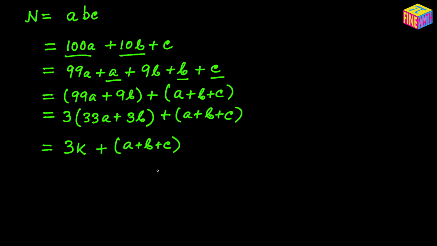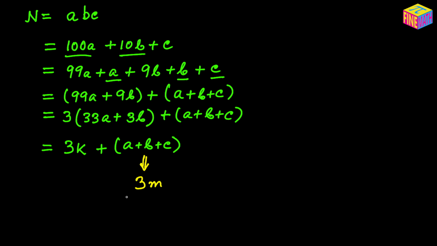Now if we impose a condition here that if A plus B plus C is also divisible by 3, if we make this assumption, then we can possibly write it as maybe 3 times some integer, 3 times m maybe.